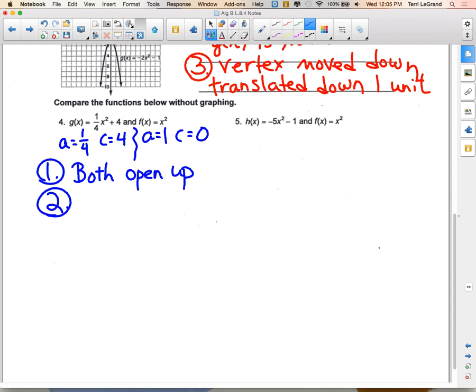Other thing we do with their A value: the absolute value of this A, the transformed one, right? Absolute value of 1/4. How does that compare to 1? Less than. The smaller it gets, the wider it gets. So we're going to say that g of x is wider.